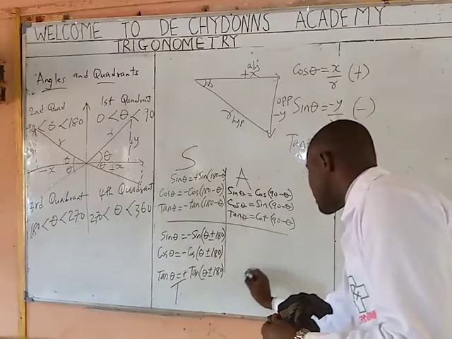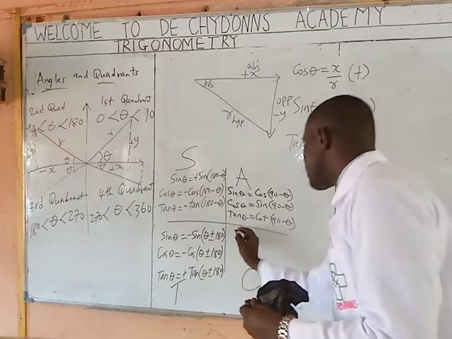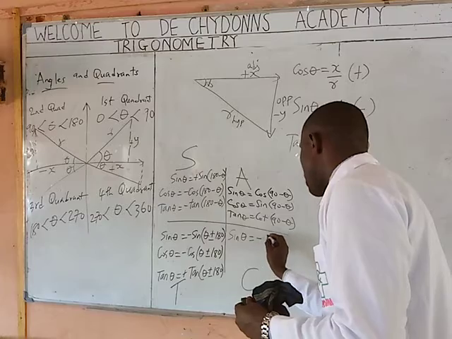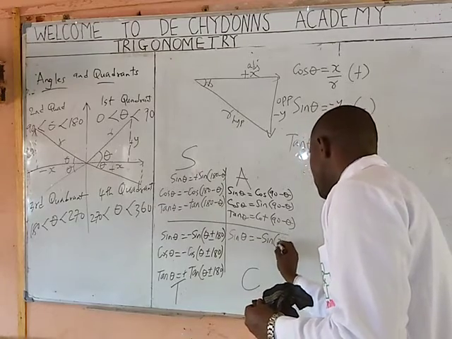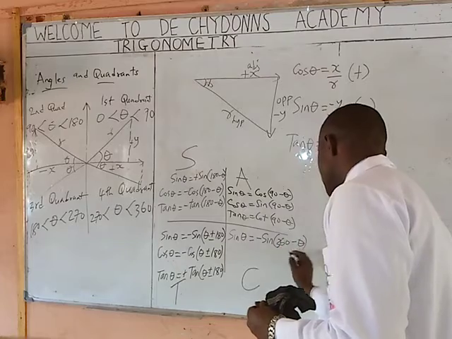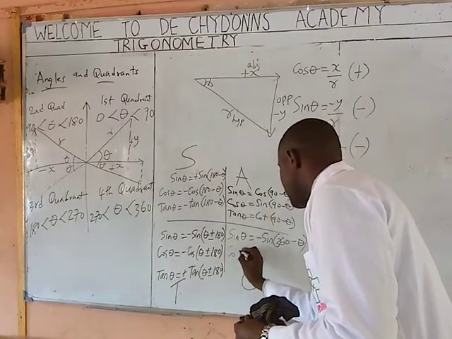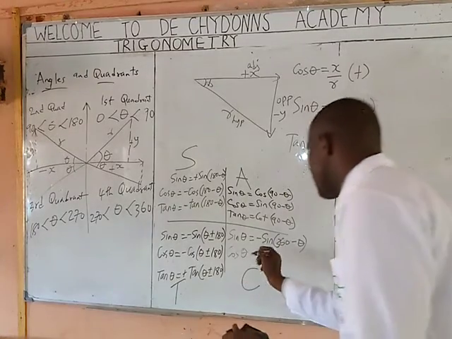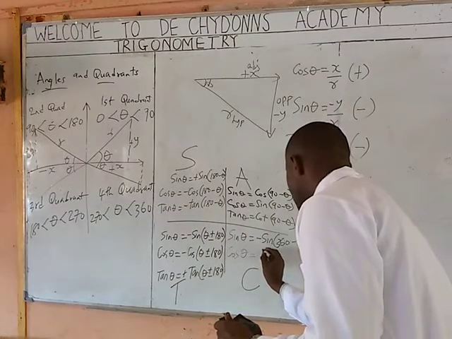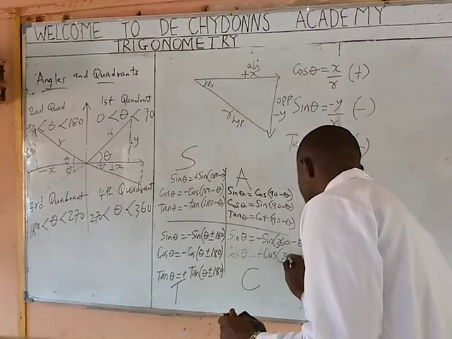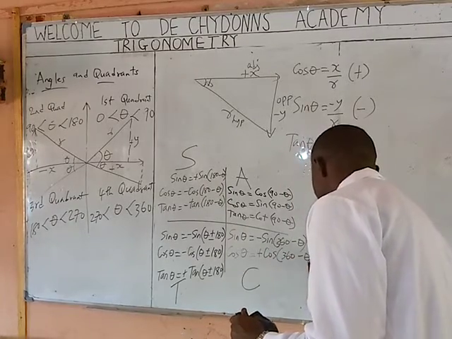So we also say here, sin theta equals minus sin (360 minus theta). Then cos theta equals plus cos (360 minus theta).